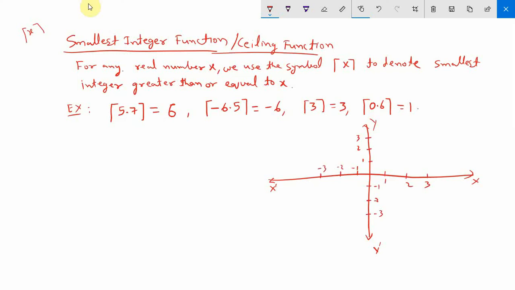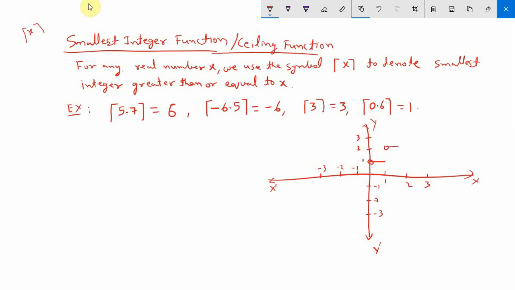So for x less than or equal to 1 but greater than 0, it will be 1. We can say y equals 1 for x greater than 0 but less than or equal to 1.